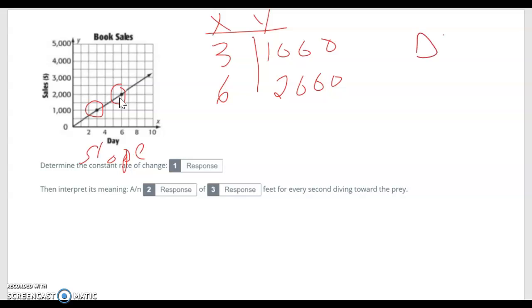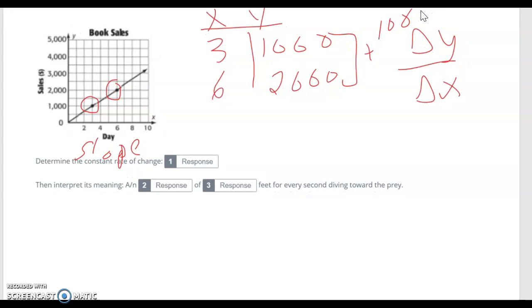Do my change of y over my change of x. Here I'm adding 1,000. I am adding 3. My change is 1,000 over 3, so my constant rate of change is 1,000 over 3.